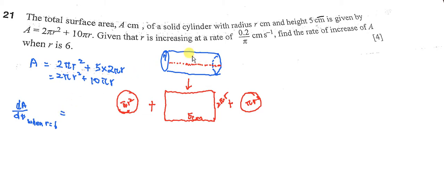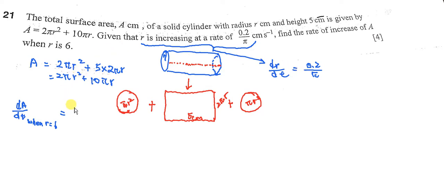Now, given that the rate of increase of the radius is dr/dt, it's equal to 0.2 over pi. Is it positive or negative? Look carefully at this. This is increasing, so it's a positive value.